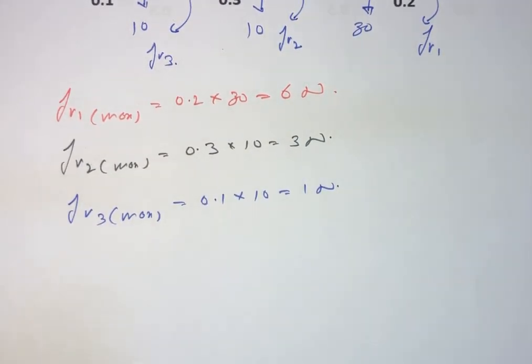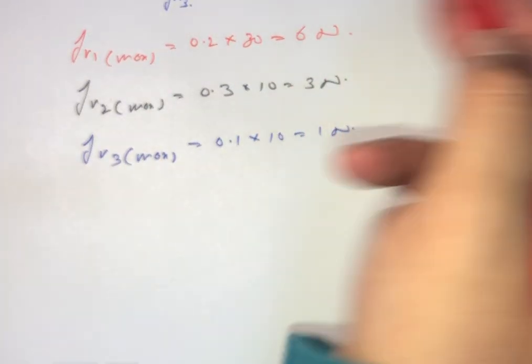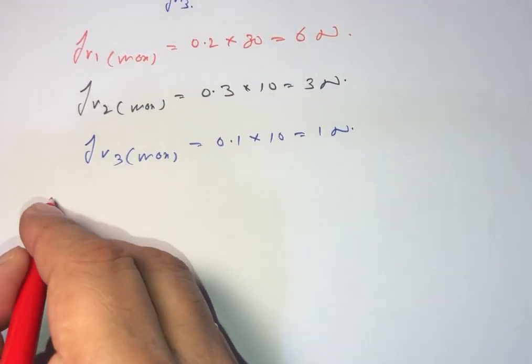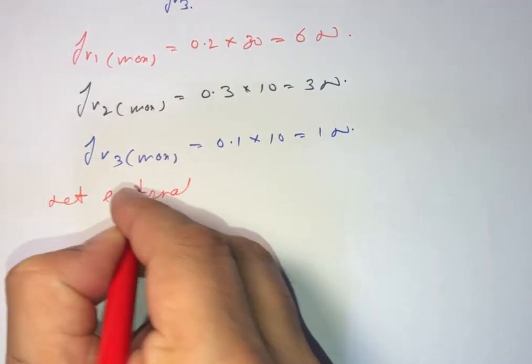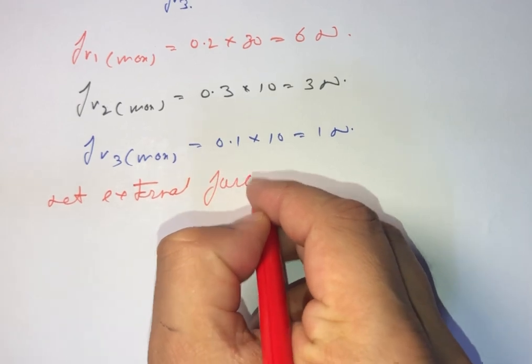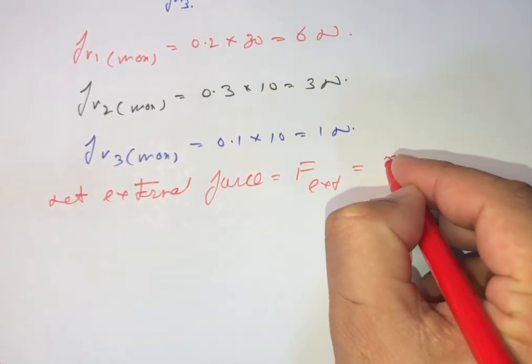Okay. So net external force is 50 Newton. There is only force in one direction. So we can say the net external force, which we call F external, is equal to 50 Newton.